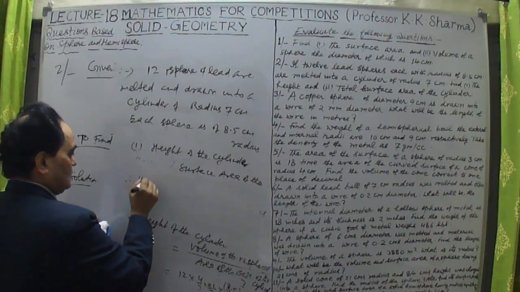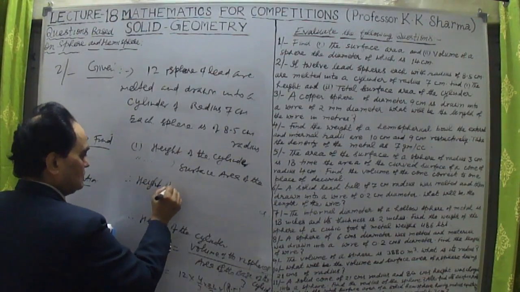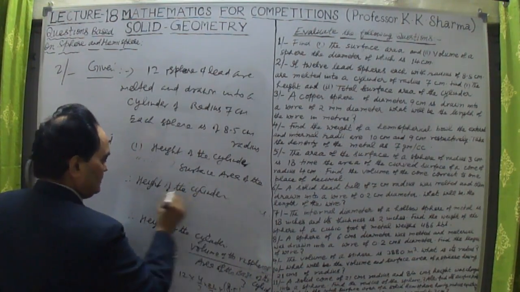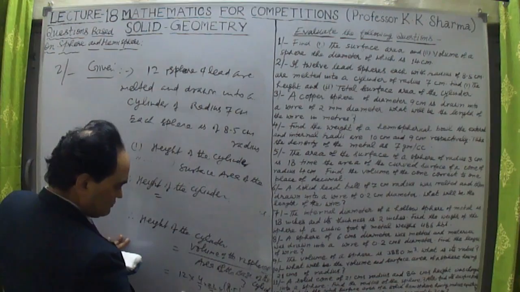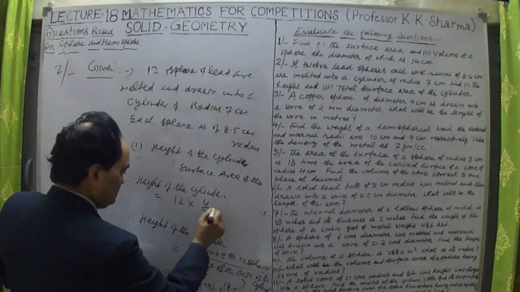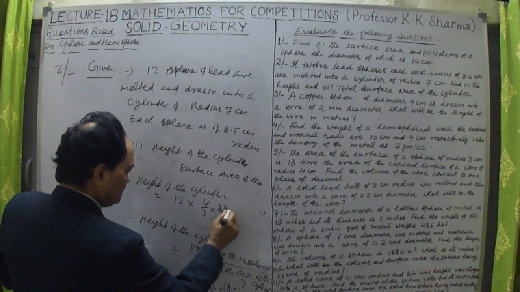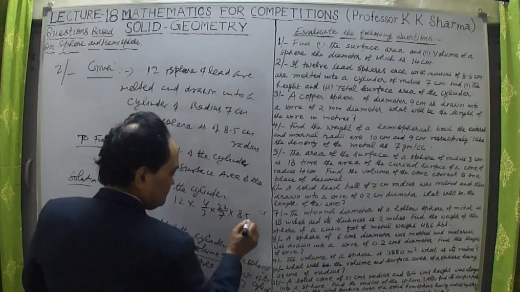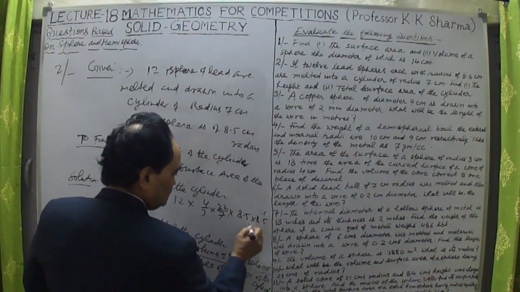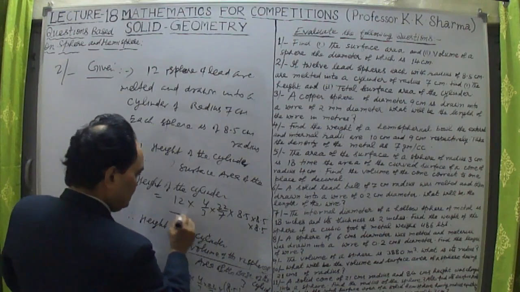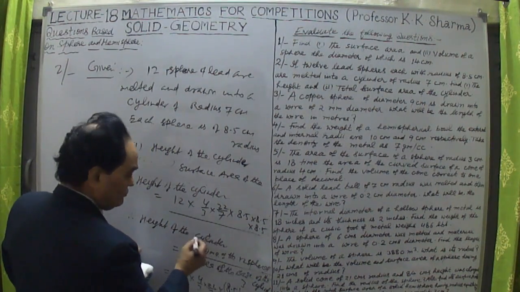Therefore, height of the cylinder is equal to, the volume of 12 spheres is 12 into 4/3 into 22/7 into 8.5 into 8.5 into 8.5, three times. Okay, now divided by pi into r square.